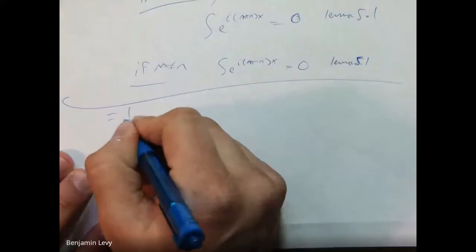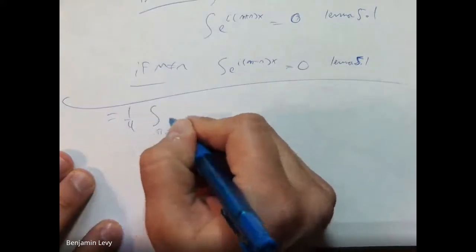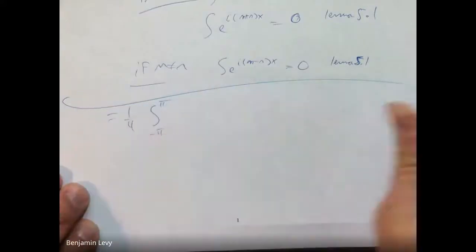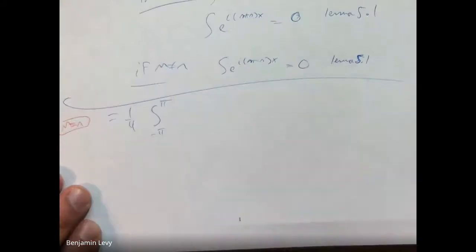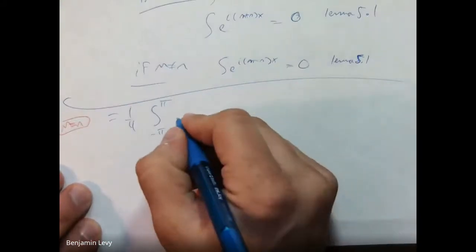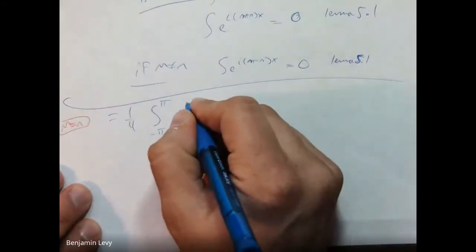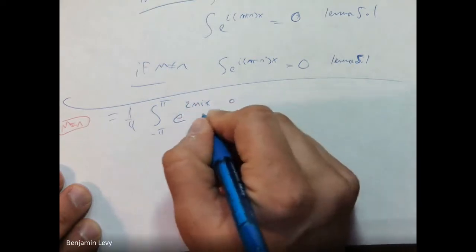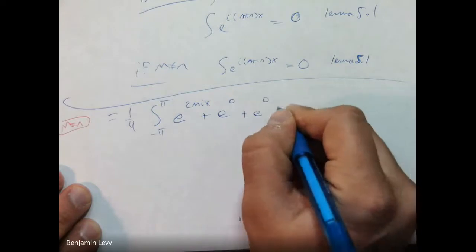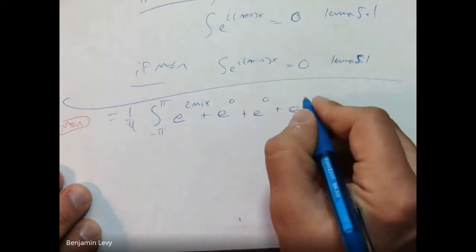Okay, I guess we're just going to do the problem. So let's assume m equals n. If m equals n, the integral turns into this. So you just put in a 2 there?